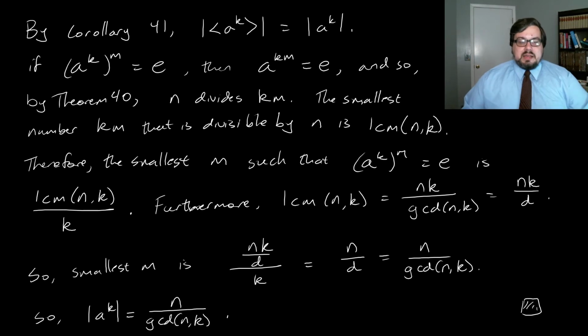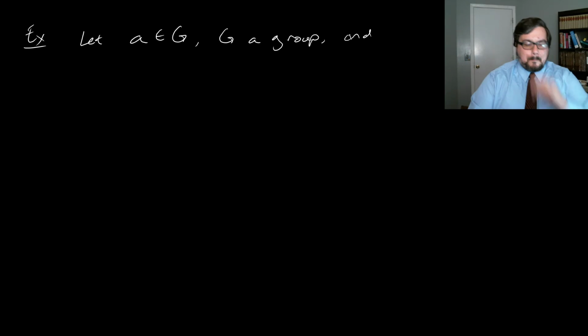All right, so let's see how we use this in a quick example. So let a be in G, where G is a group, and let's suppose that the order of a is 48.